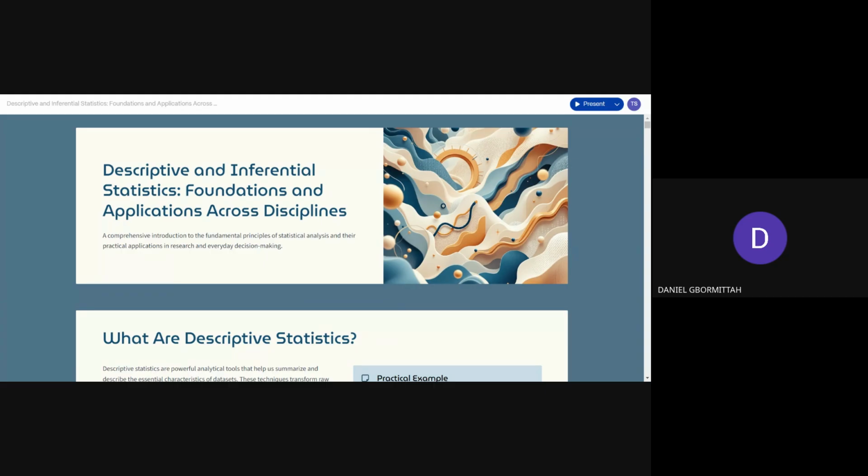So the statistics that can be categorized under central tendency are mean, median, and mode. Why are we describing mean, median, and mode as measures of central tendency? Can any of you tell us why?